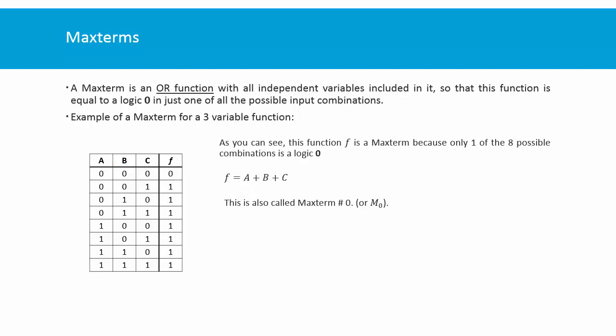Here the function is 0 because if you take these combinations, then we're going to have 0 or 0 or 0. And of course, this function is going to give us 0. Now, the interesting part here is that in any other combination, this function is going to give us 1. You can try that on your own.